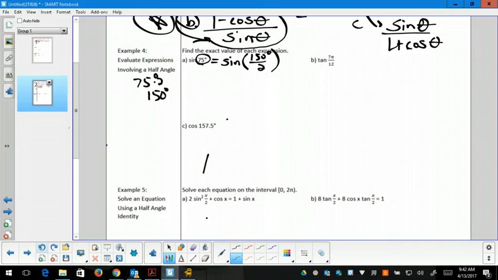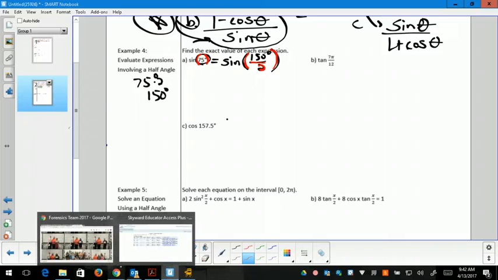Sometimes people accidentally divide the 75 by 2. I don't know why, it doesn't really help them. Or when they multiply the 75 by 2, they start thinking they're going to use the double angle formula. It's the reverse. If you take the time to write it out, you'll see, since this and this are equivalent, I'm going to use the half angle formula for sine, which is plus or minus square root of 1 minus cosine over 2.